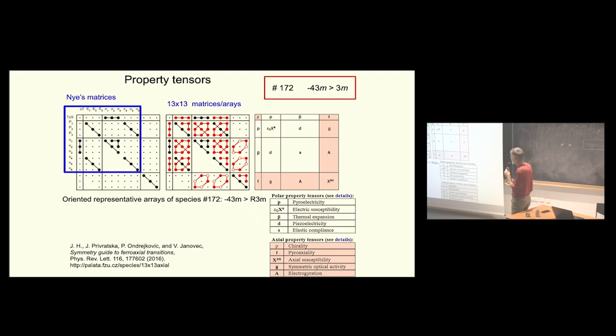So what you can find here is that different domains can be distinguished by the red elements. Here you can see that there is polarization, so it's a ferroelectric phase transition. It's a ferroelectric material because it has domains which can be distinguished by polarization, therefore it can be switched. But also there is strain. It's a little bit similar to the case that Marty Gregg was talking about in boracite.